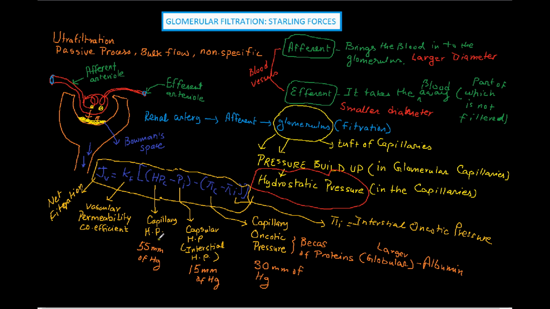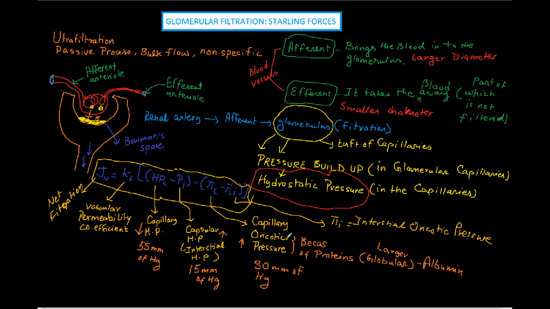The hydrostatic capillary pressure is in the downward direction, towards the flow of the filtrate. And the capsular hydrostatic pressure and oncotic pressure are in the opposite direction. It's going back towards the glomerulus.